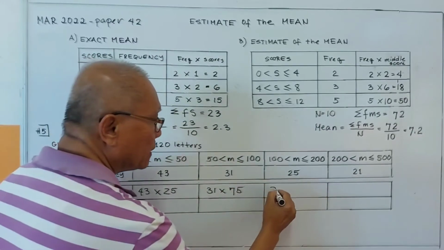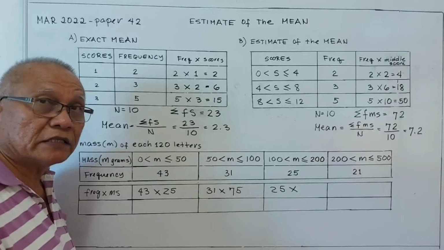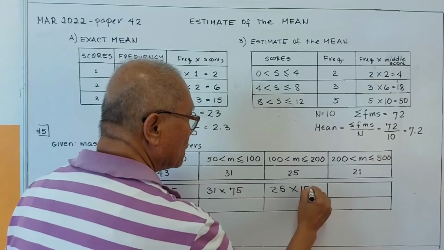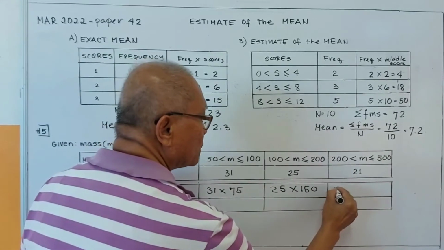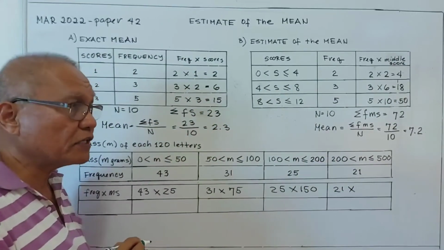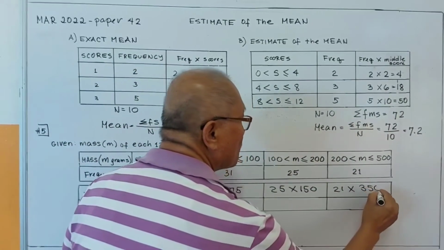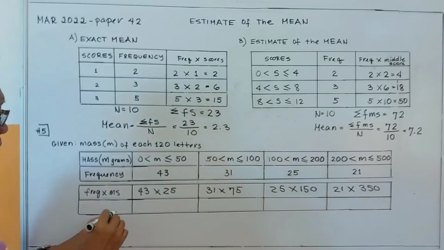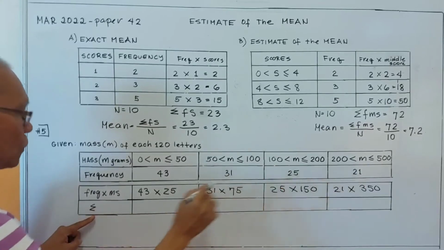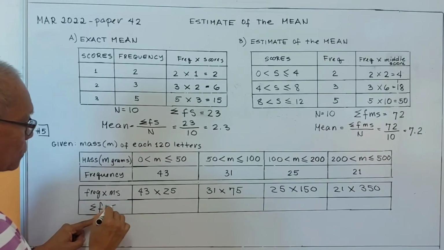Now we have 25 here, times 100 plus 200 is 300, divided by 2 is 150. And this one is 21, times 200 plus 500 is 700, divided by 2 is 350. Okay, so let us put here the total, the sum, the sigma, of frequency times this middle score.